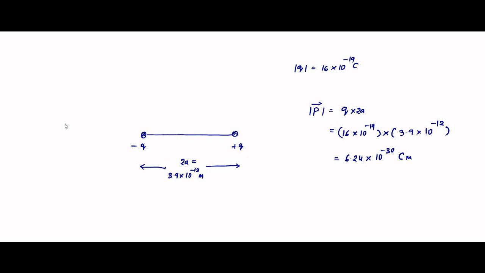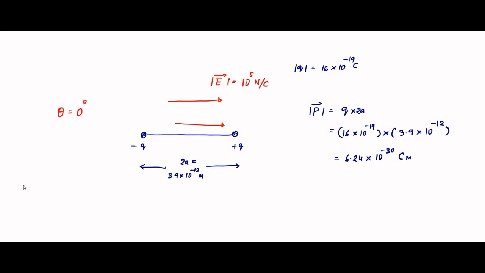Then the stable equilibrium position. Here it is mentioned that the magnitude of the electric field E is equal to 10 to the power 5 Newton per coulomb. In stable equilibrium position, the angle between the electric field and dipole is equal to 0 degree.